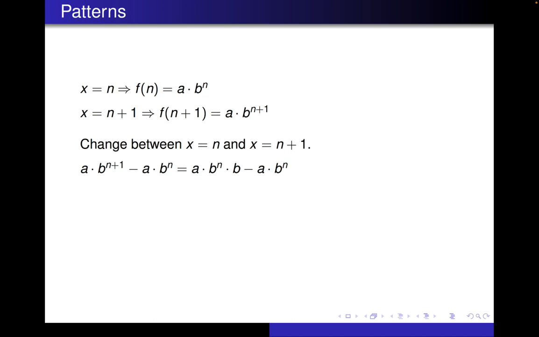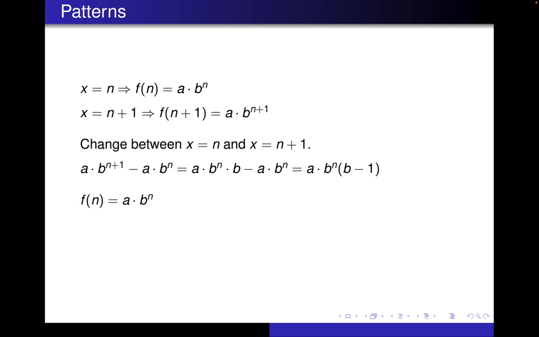And the nice thing about having it in this form is that you have a common factor of a times b to the n in both of them. So if you factor that out, you get a times b to the n times b minus 1, and just magically that b minus 1 appears. And what that means is, remember our f of n was a times b to the n.